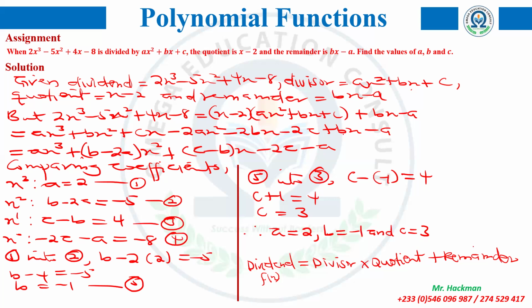I can see that this bx and the minus 2bx here are like terms, so I can combine that mentally, which will give me minus bx. Do you agree? This and this can combine and give you minus bx. Is that clear?